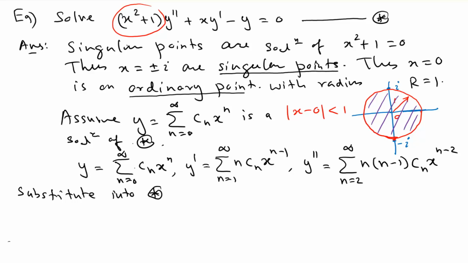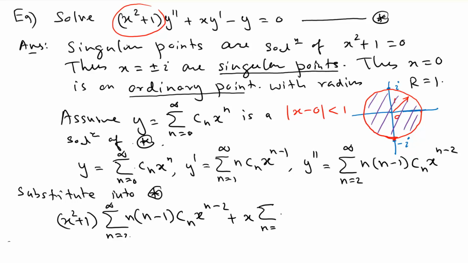If you do that, you're going to get x squared plus 1, that's the first coefficient, and then for y double prime we substitute the series, sigma n equal 2 to infinity n times n minus 1 cₙxⁿ⁻², plus x times the second series, n equal 1 to infinity n cₙxⁿ⁻¹, minus the last one, n going from 0 to infinity cₙxⁿ.